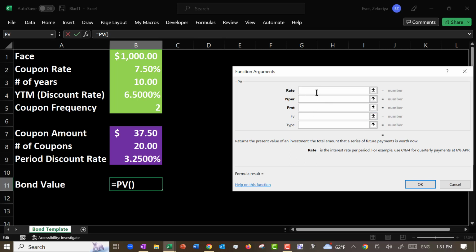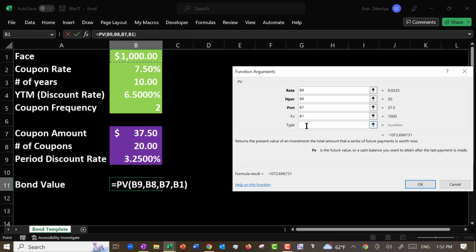N per is number of periods, which is number of coupons. PMT is the coupon amount, and FV is the final value or the balloon payment, 1,000. The last argument is optional, so I'm going to leave it blank.